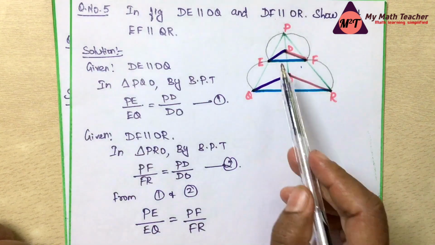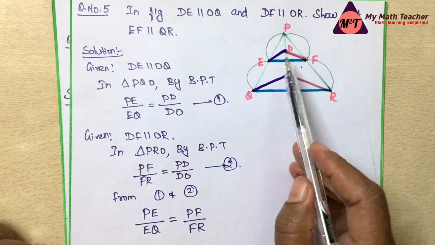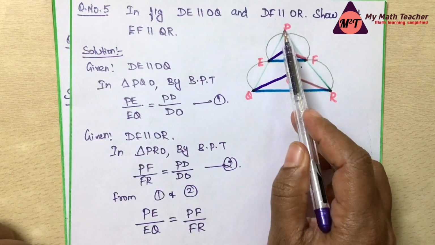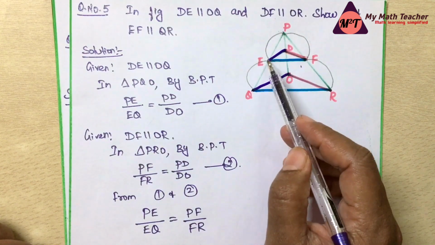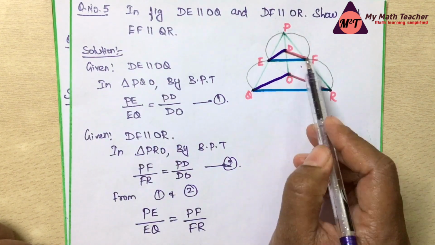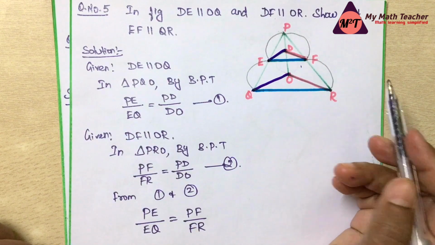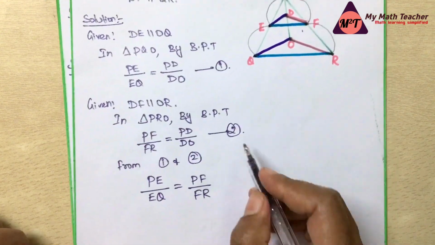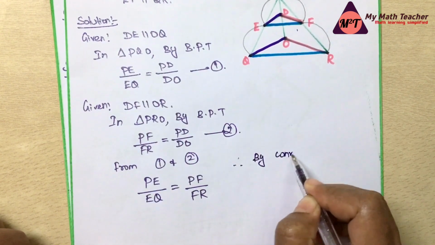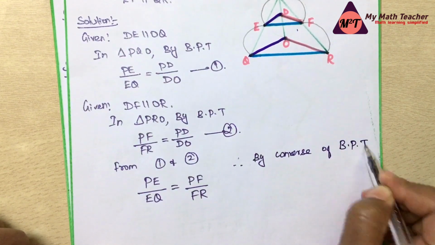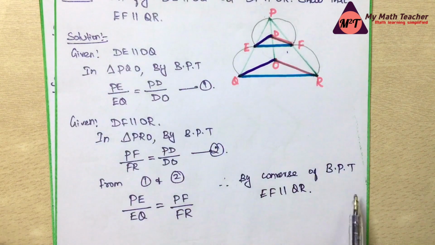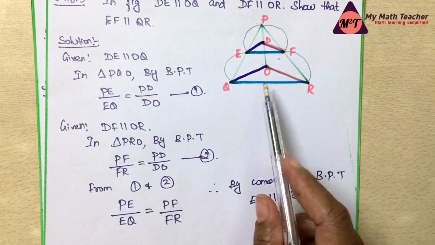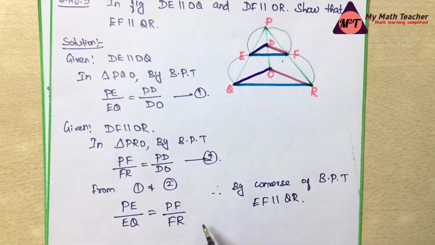So what is the converse? We are saying PE by EQ is equal to PF by FR, and from this proof we are saying EF is parallel to QR. That is called the converse. Therefore, you can write by the converse of the basic proportionality theorem, EF is parallel to QR. Hence proved.